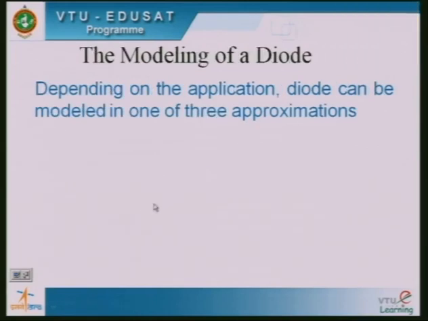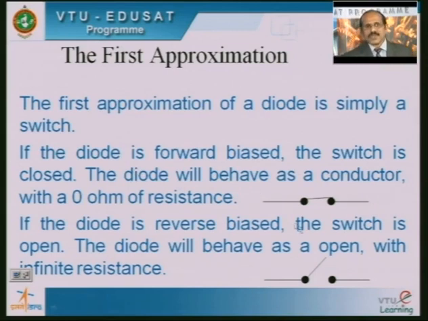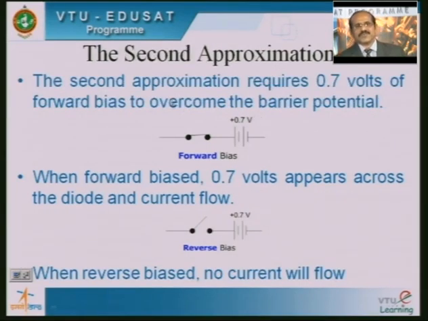Depending upon the application, the diode can be modeled in one of these three approximations. In the first approximation, if the diode is forward biased, the switch is closed and the diode behaves as a conductor with 0 ohm of resistance. If the diode is reverse biased, the switch is open and the diode behaves as an open circuit with infinite resistance.